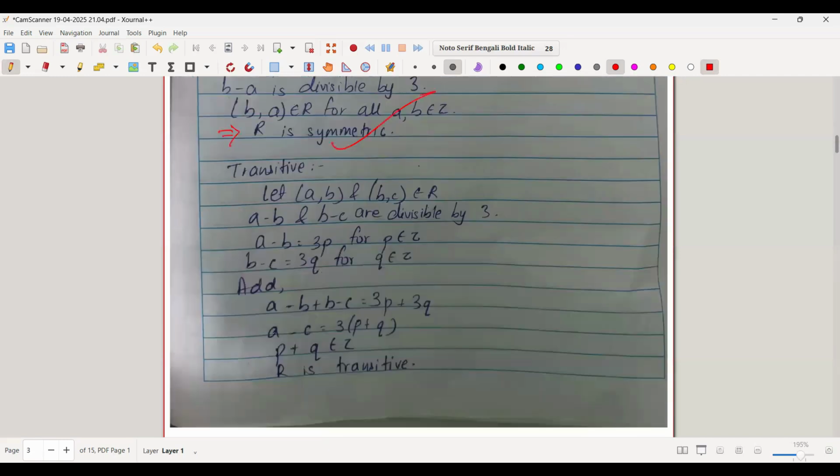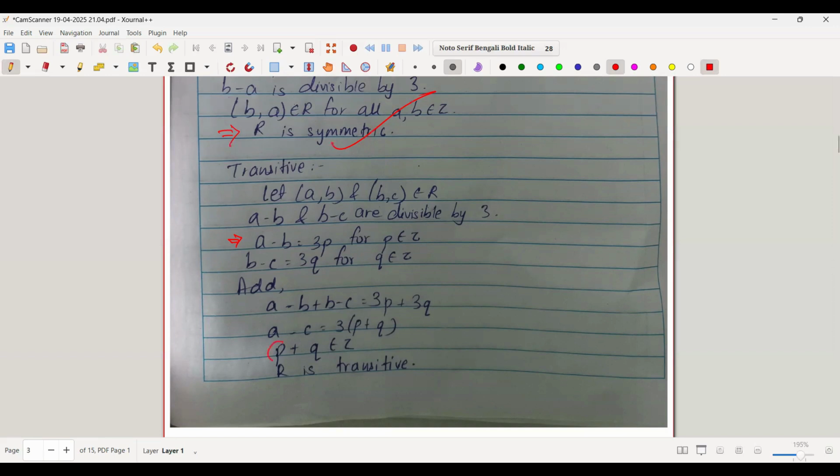Transitive. Let (a, b) and (b, c) belong to R. a minus b and b minus c are divisible by 3. So a minus b equal to 3p for p belongs to Z and b minus c equal to 3q for q belongs to Z. Add: a minus b plus b minus c, so a minus c equal to 3(p plus q).